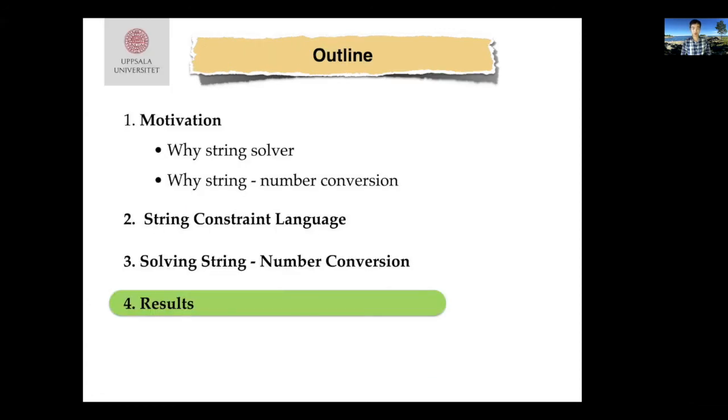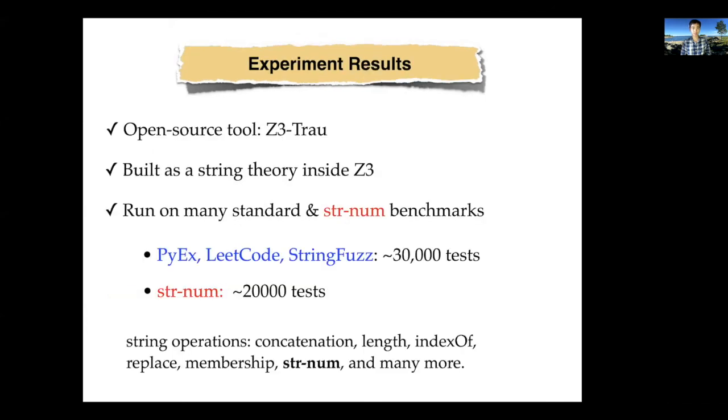It comes to the last part of our presentation today. In this part, we will compare our work with some state-of-the-art on some string benchmark. First, our string solver named Z3-Noodler, it is built on top of Z3.